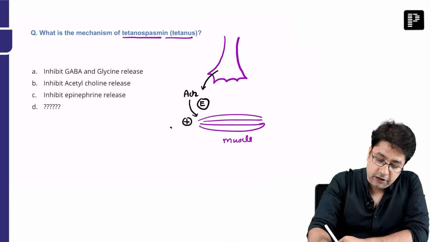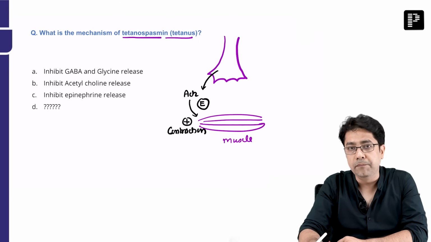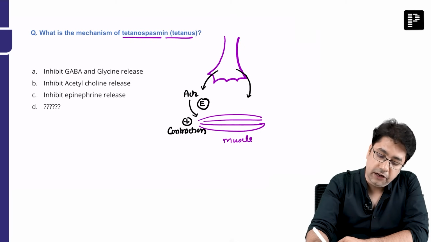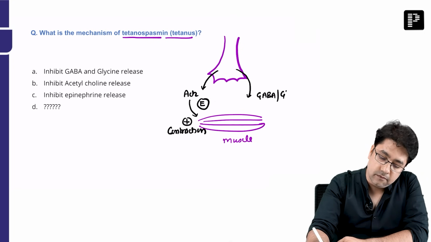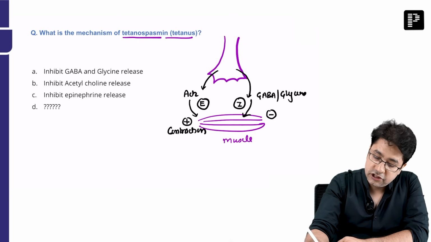It causes contraction of muscle. And if you can recall, the inhibitory neurotransmitters are GABA and glycine. These are inhibitory neurotransmitters and they cause relaxation of muscles.